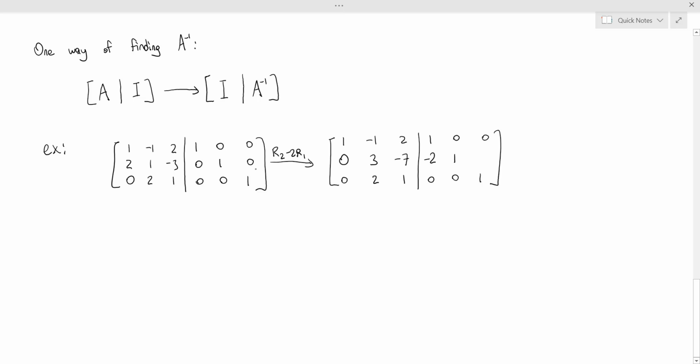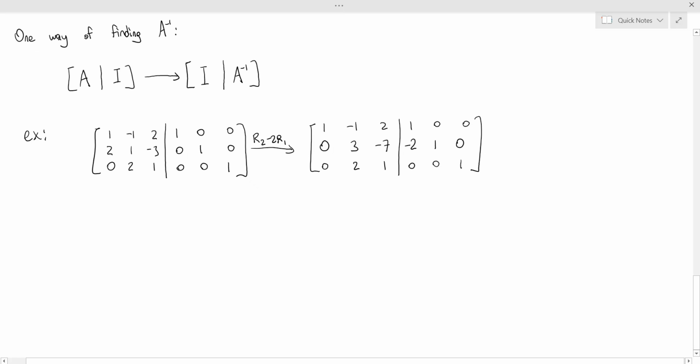And 0 minus 0 will be 0. Okay. All right, let's see here. Since I want to get an identity matrix on the left, I want to turn this 3 into a 1. Maybe what I'll do for that is I'll continue over here.